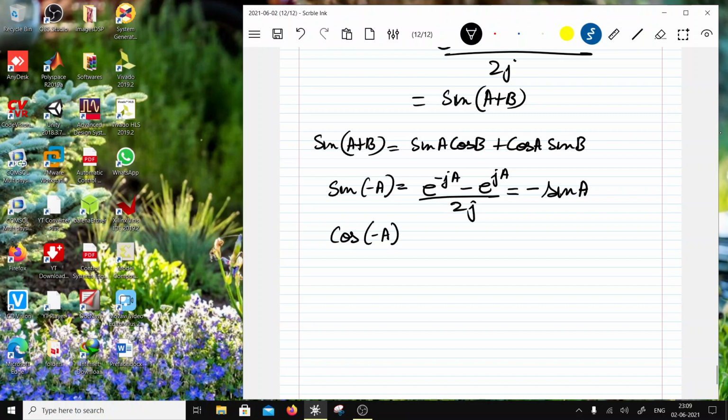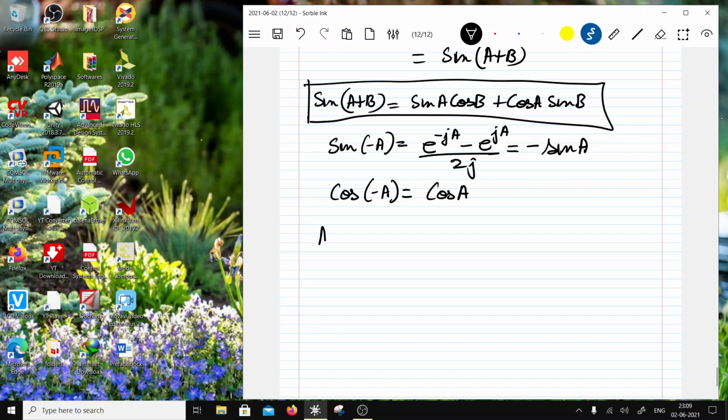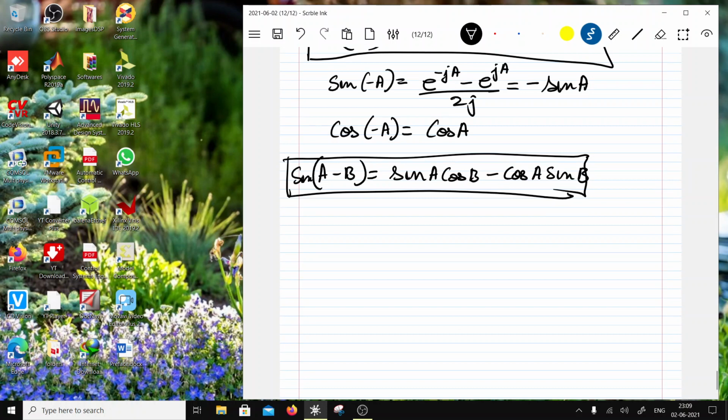Cos of minus a would be equal to cos of a. So I can say sine of a minus b is equal to sine a cos b minus cos a sine b. So that's the second thing which I have derived. Now let's look at cos of a plus b.